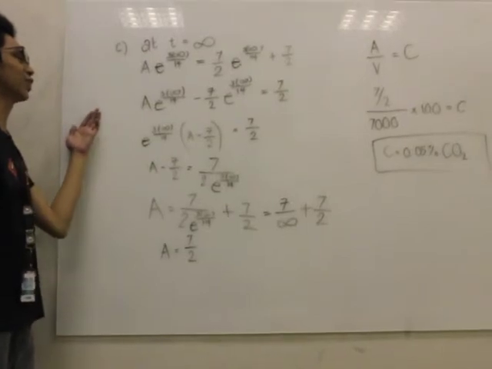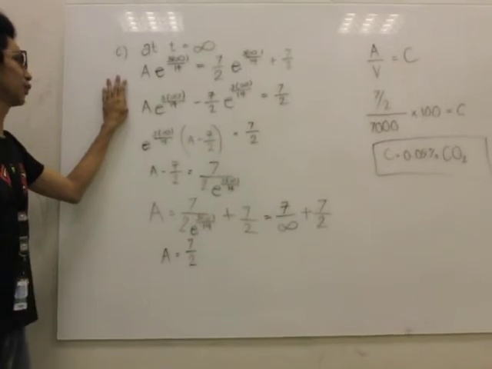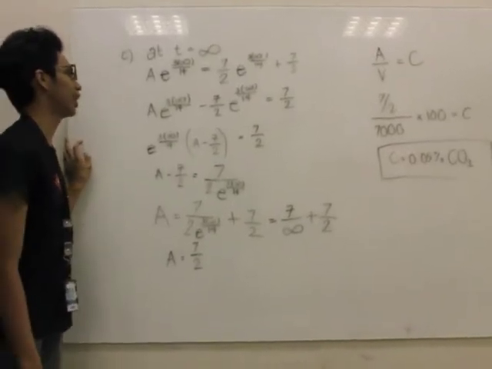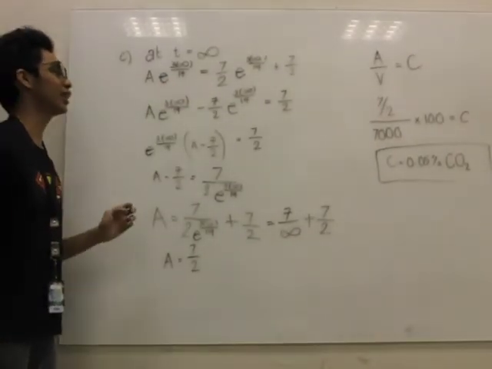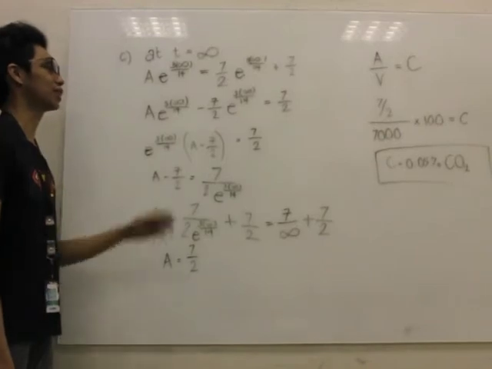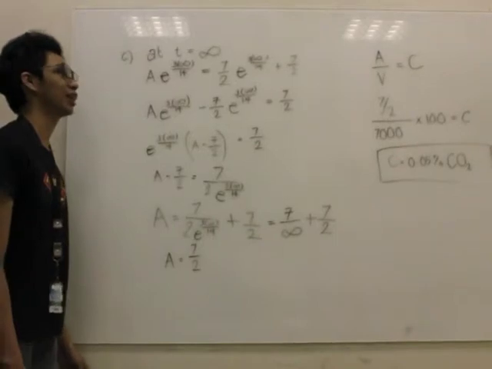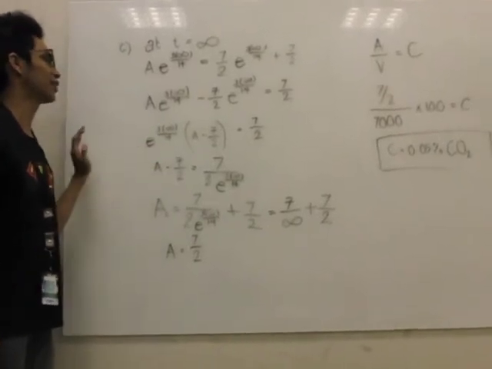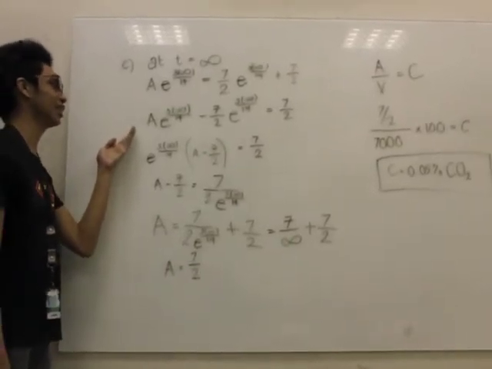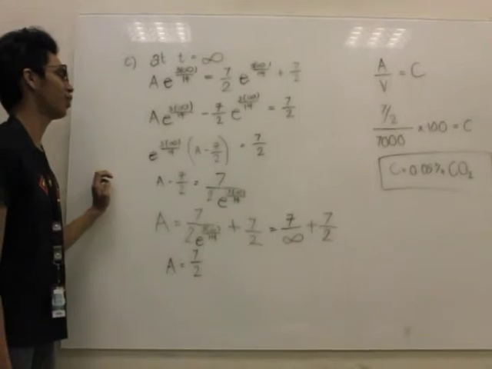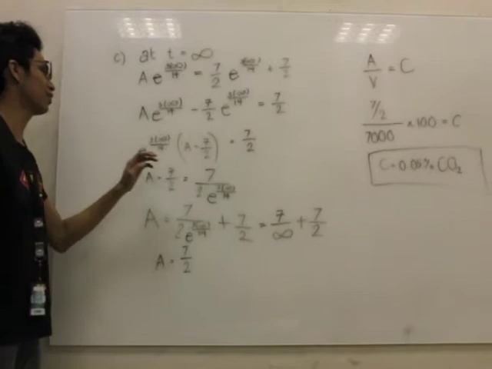What is the equilibrium concentration of carbon dioxide in the room? At t equals infinity, we substitute infinity into this equation, wherein A times e raised to 3 times infinity over 14 is equal to 7 over 2 e raised to 3 times infinity over 14 plus 7 over 2. Then, we transpose 7 over 2 e raised to 3 times infinity over 14 to the left side, which we will get A times e raised to 3 infinity over 14 minus 7 over 2 times e raised to 3 infinity over 14 equals 7 over 2.